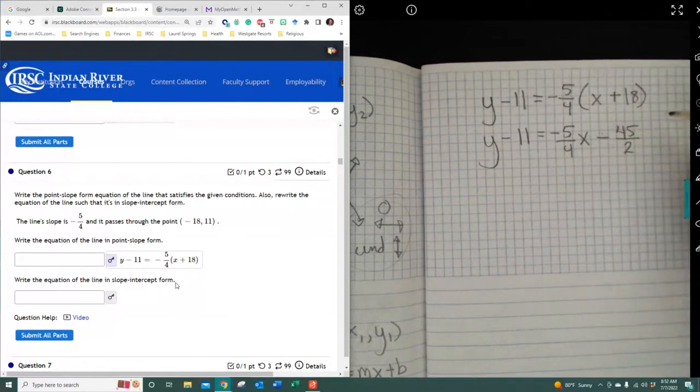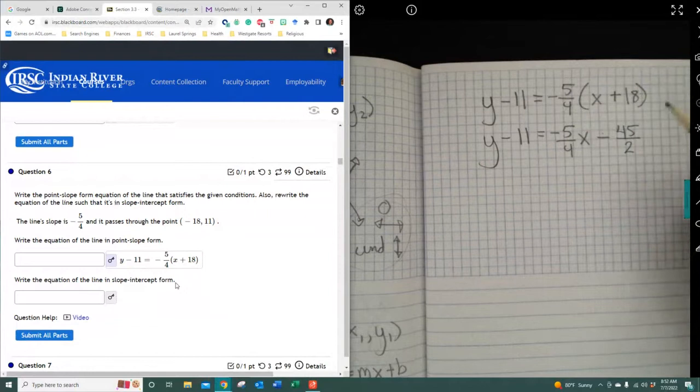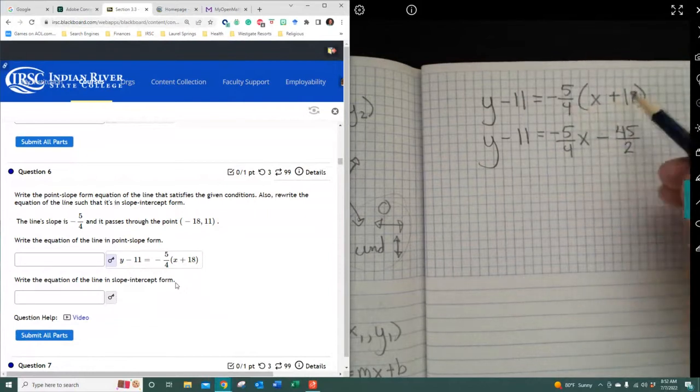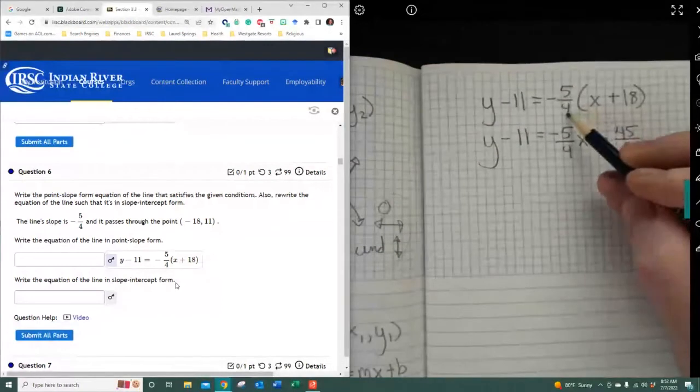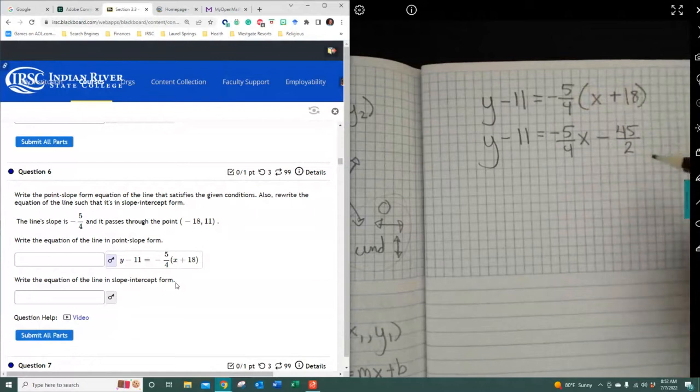Okay, so you can do whatever way works for you. I'm doing it in my head a little bit, so I just like to keep it simple. Take 2 and divide it into 4, get 2, and 2 into 18 gives me 9. 9 times 5 gives me 45. That's how I did it.